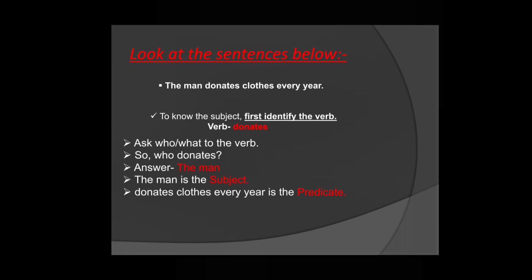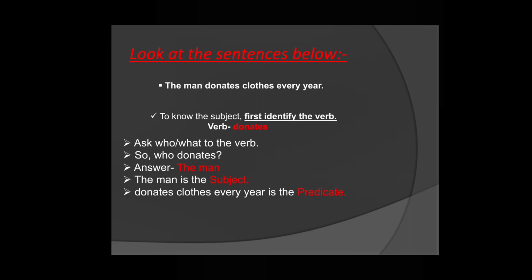That's right. The verb is donates. So now you have identified the verb. What do you have to do? Correct. You have to ask who or what to the verb. So I can ask the question, who donates? Correct? So my answer is the man.